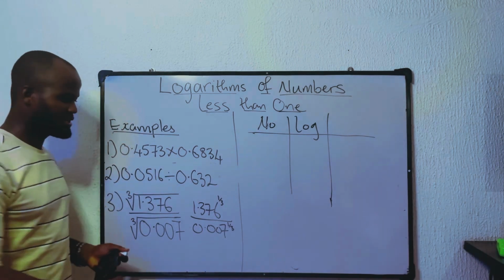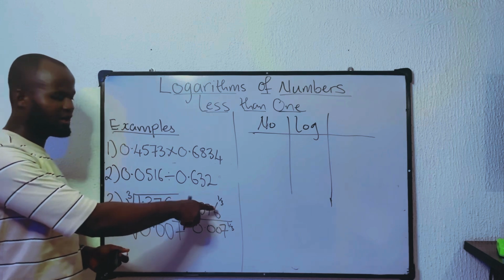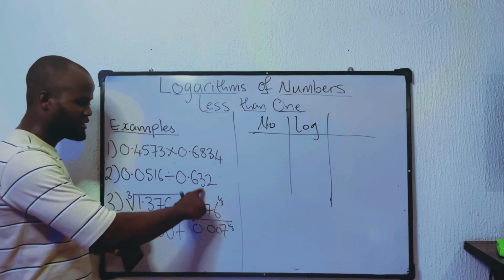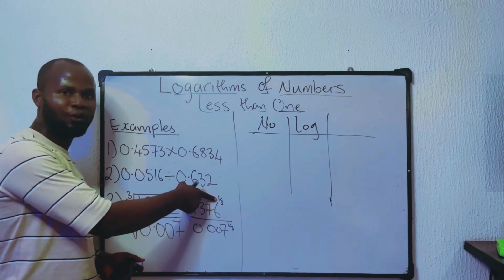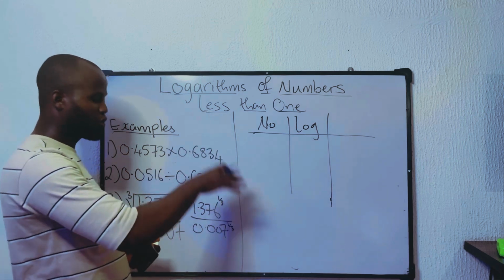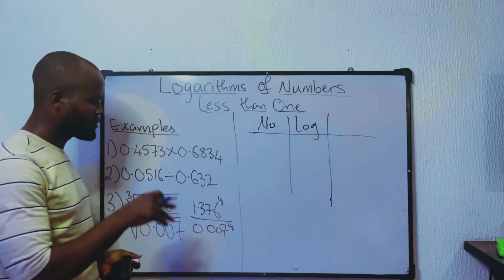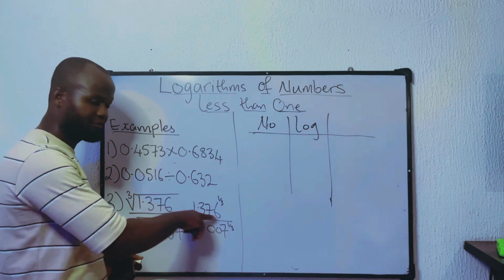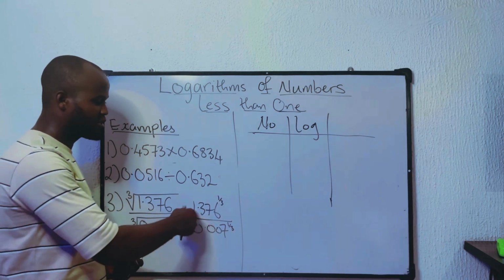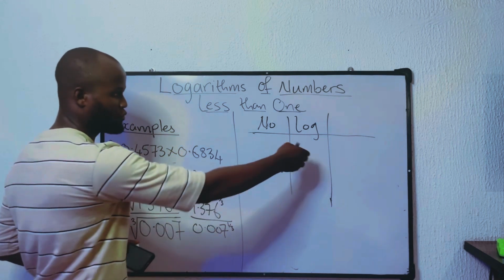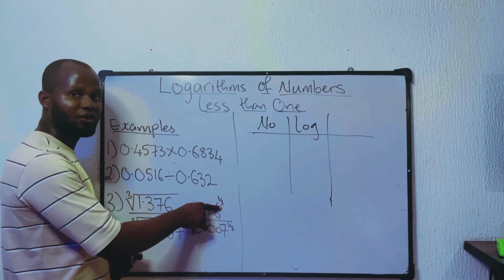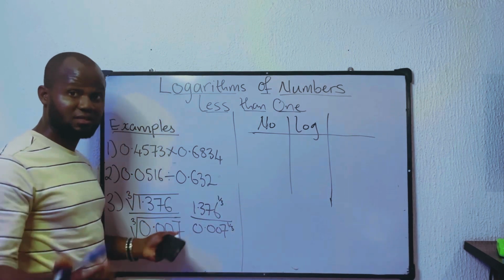The law of indices states that if you raise a number to this power, the denominator becomes the root, while everything is put in a bracket and raised to the power of the numerator. So it's the same thing. But here in logarithms, what it means is that we are going to divide the log of this number by 3. Because that's like you're multiplying this number by 1 over 3, according to logarithms, which is the opposite of indices. So we're going to be dividing this number by 3. Otherwise, you're multiplying it by 1 over 3, which is the same thing.